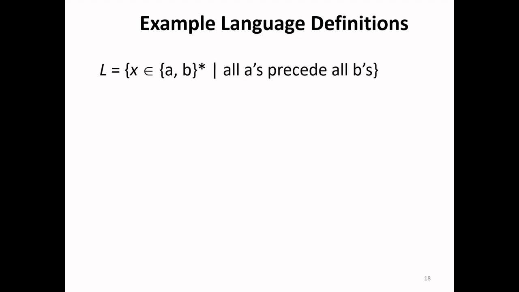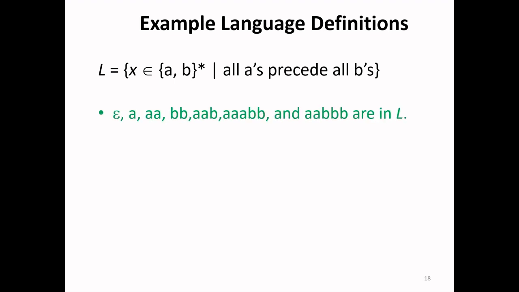Let us see some examples of language definition. Language L consists of all possible strings X which belong to alphabet AB with the condition that all A's will precede all B's.